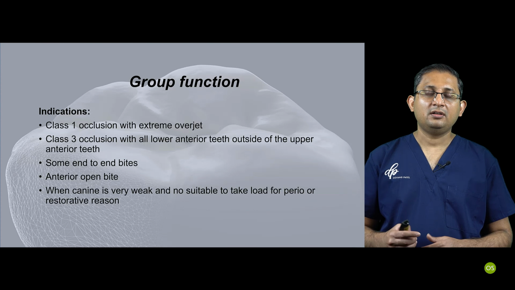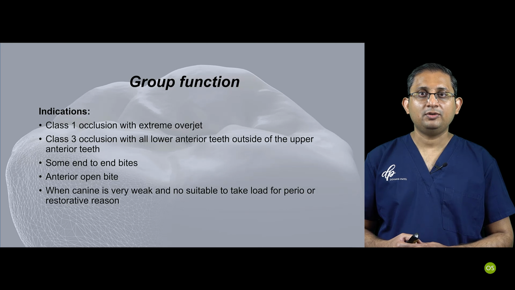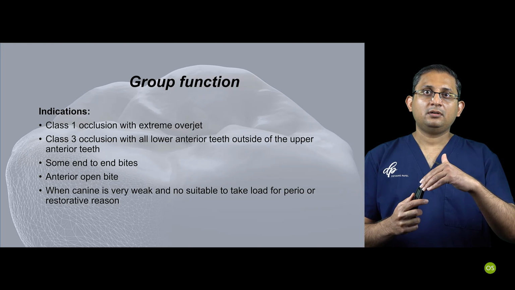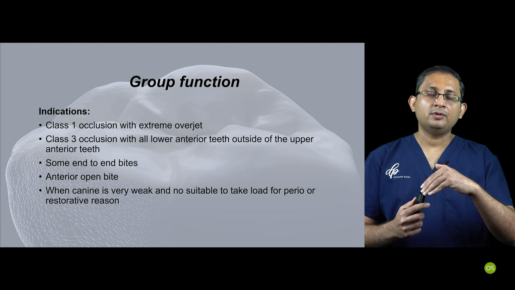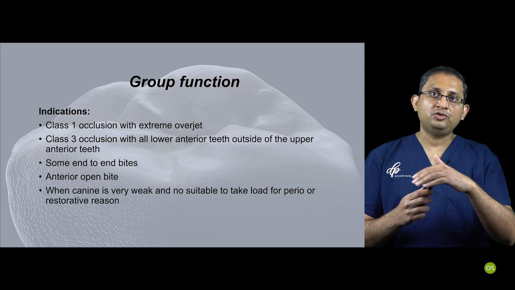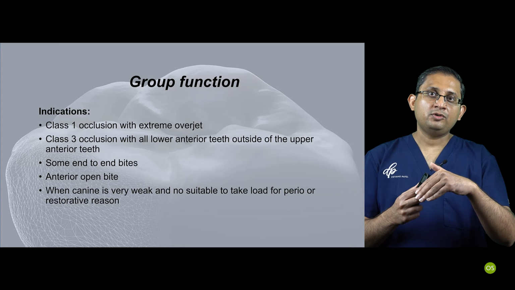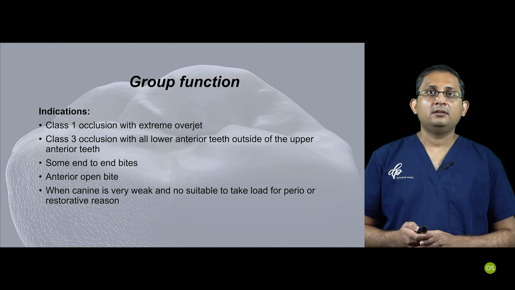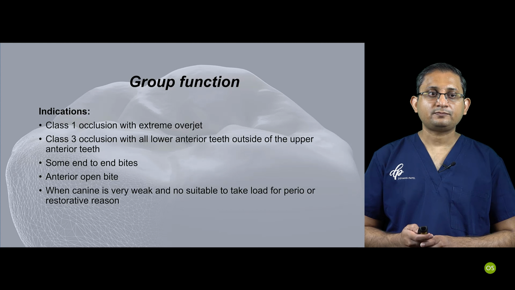Then you need to consider group function. With an end-to-end bite, it becomes important to distribute the load because you don't have enough overlap of the canine, and you may want to distribute the load with the other teeth to get a better lateral guidance.